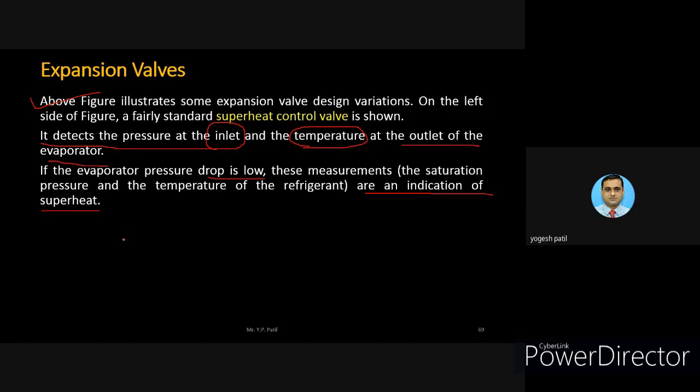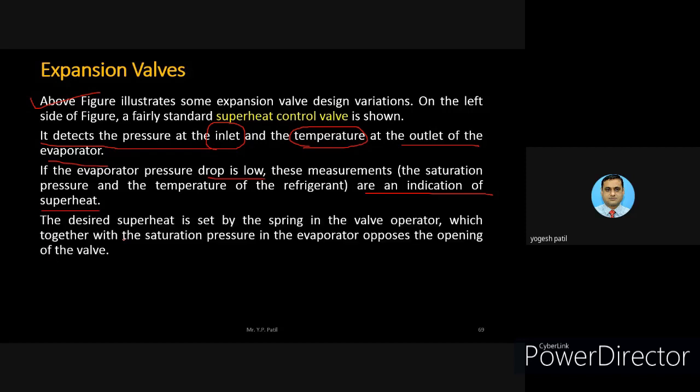If that pressure drop is low, that is the saturation pressure and the temperature of the refrigerant, which get measured. When the pressure drop of the evaporator is low, it is the indication of superheat.